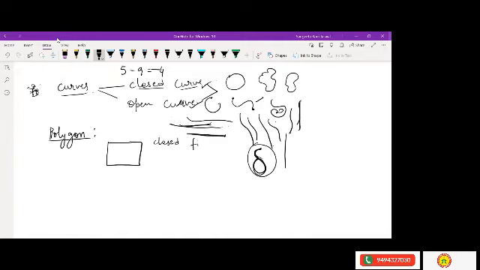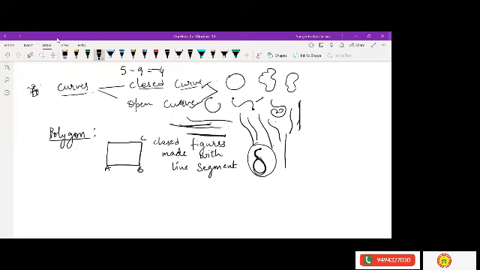All polygons are closed figures. Closed figures made with line segments. Line segments mean they have some dimension from A to B.